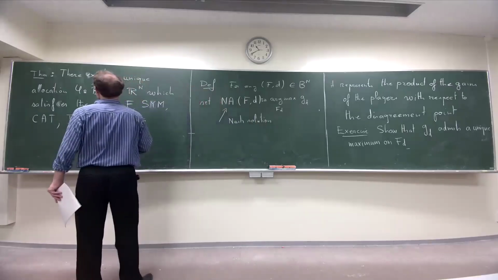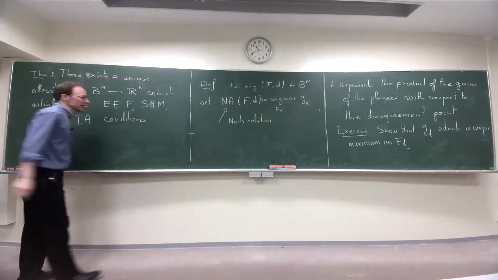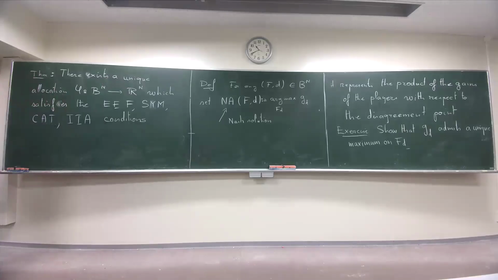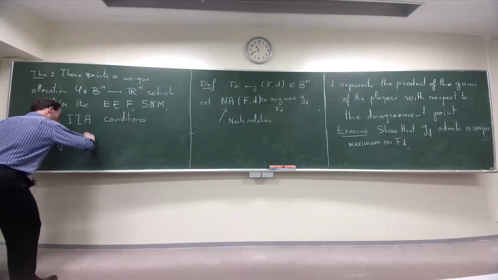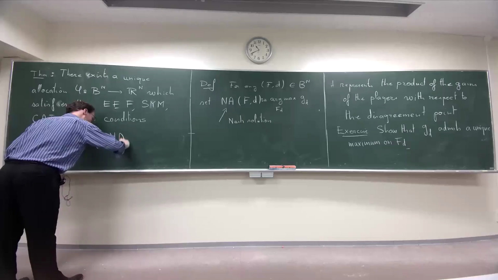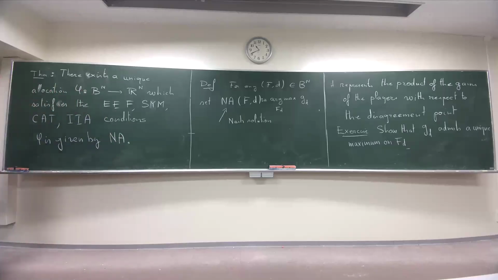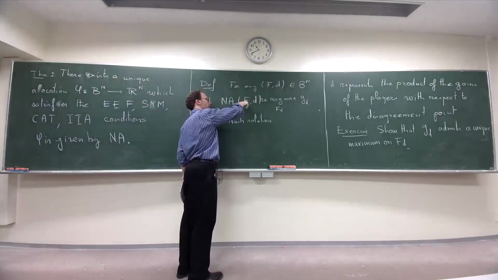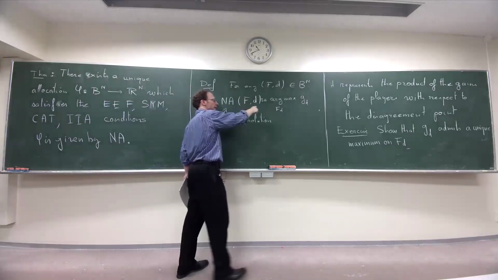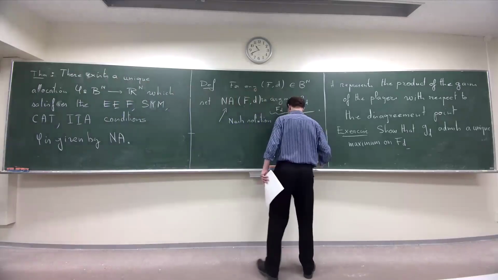And now I can finish this theorem. I said there exists a unique phi satisfying these four conditions. Phi is given by NA. It's meaningful because look, NA takes any bargaining problem and sends it to a unique point.